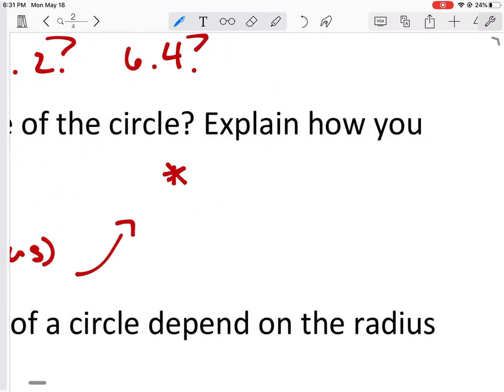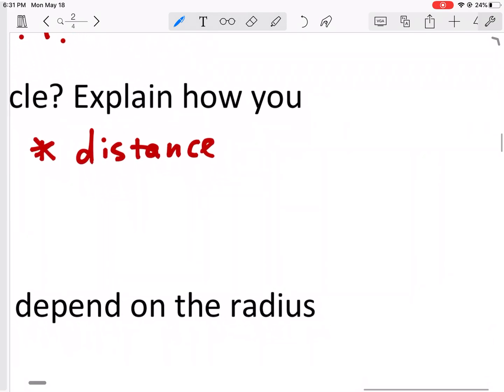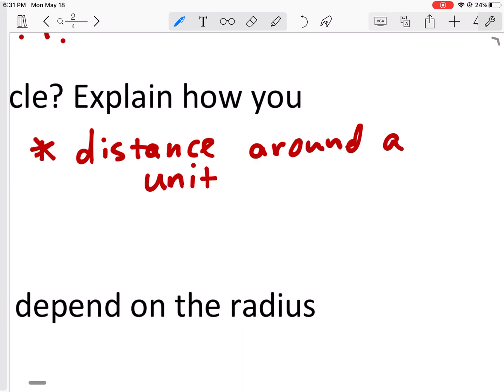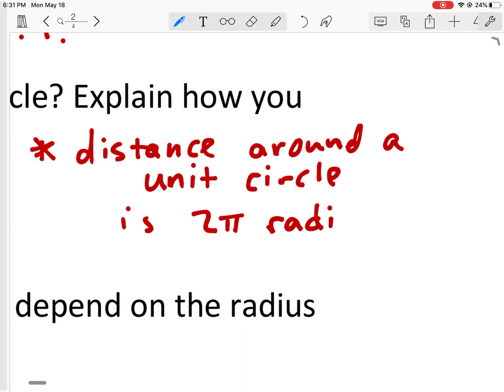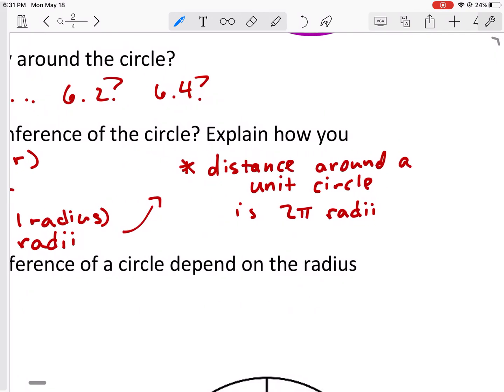This is really important. Distance around a unit circle, because the radius is 1, is 2 pi radii. We'll come up with a new word for this in a second.